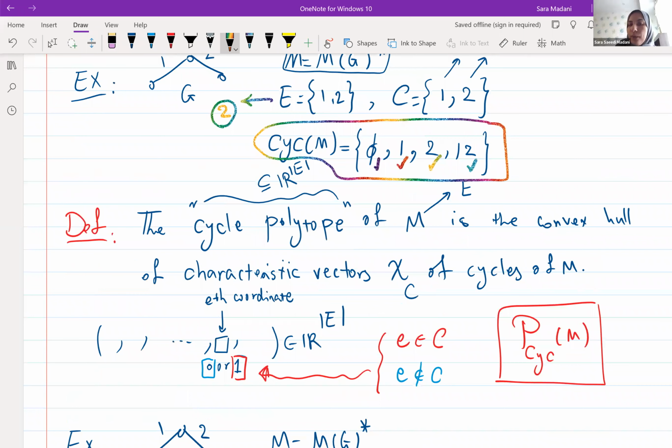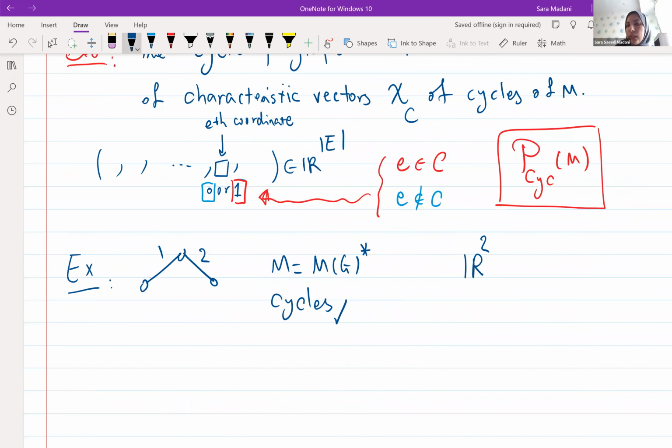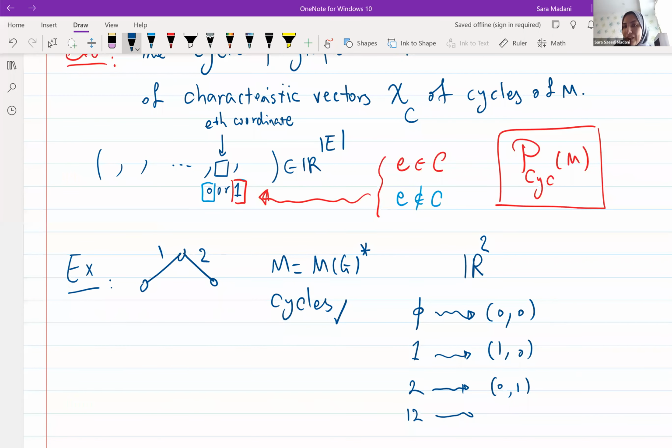To the empty set, we associate its characteristic vector, which is just 0, 0. To 1, I associate the vector 1, 0, to 2, 0, 1, and finally to 1, 2, the last cycle, both components exist in the cycle, so 1, 1.